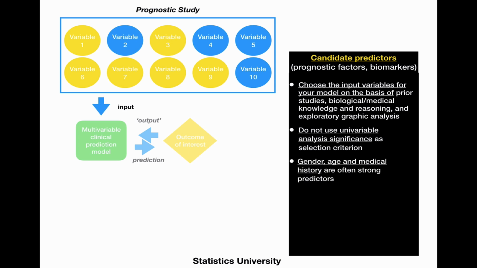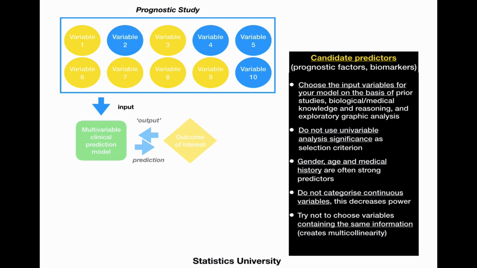Remember that basic patient characteristics like gender, age, and medical history tend to be really strong predictors, and thus should always be considered as variables for the model. Do not categorize continuous variables, since this decreases power, and try not to choose variables that contain the same or similar information, since this creates a problem that is called multicollinearity, and it destabilizes your model.